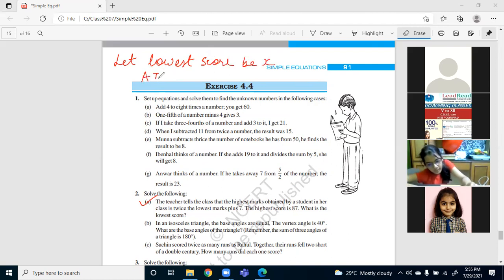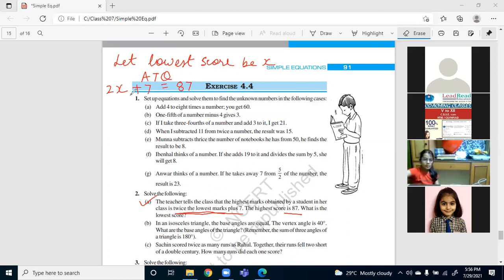Then according to question, if I take twice the lowest marks, so 2x, twice the lowest marks means 2x plus 7. So twice the lowest marks plus 7, then I will get the highest score. So it is equal to 87. So how I have written this equation, is it understood to everyone?